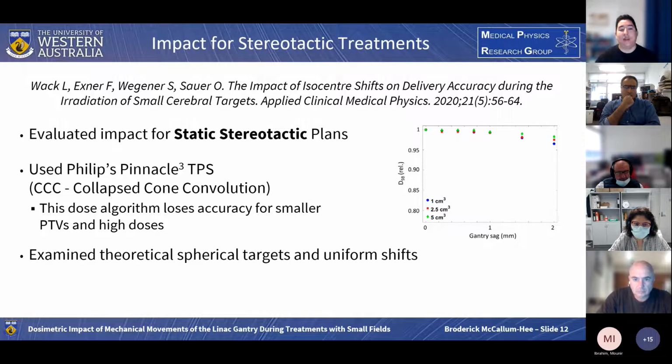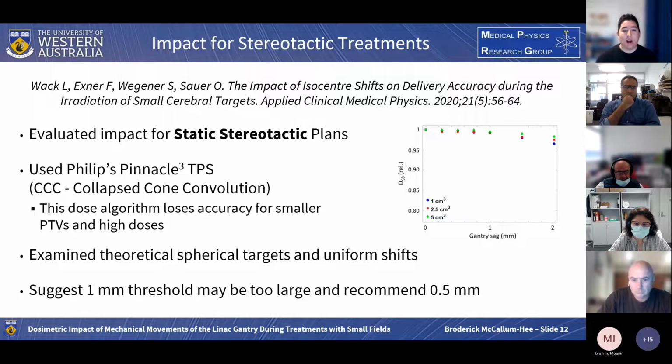Additionally, they only examined theoretical spherical targets and uniform shifts, and this may not correspond to real-life behavior in a clinical situation. However, their conclusions suggest that the 1 millimeter threshold that we see prevalently in literature may be too large, and they recommended instead that we use a 0.5 millimeter threshold for the mechanical isocentre radius.